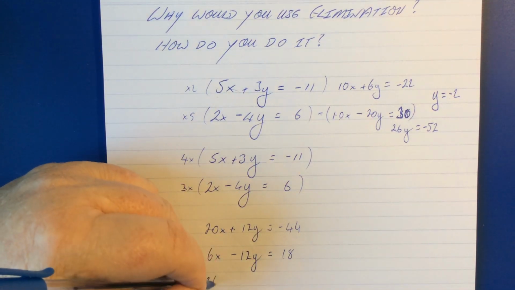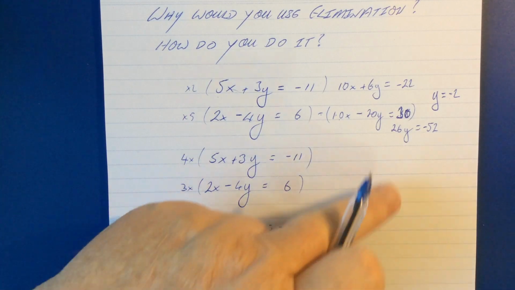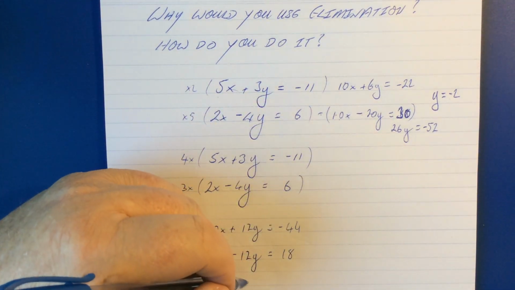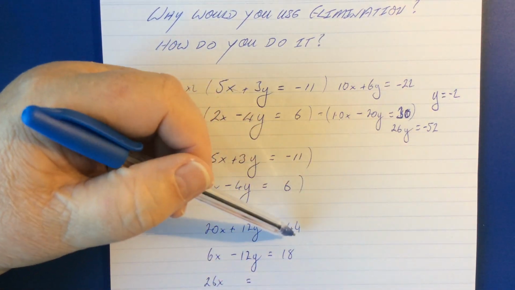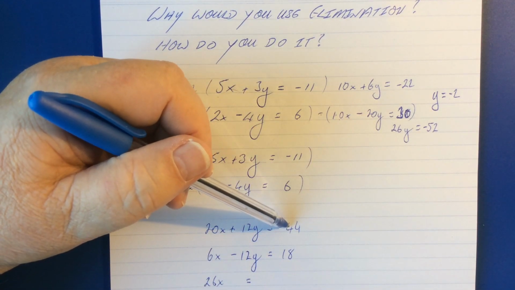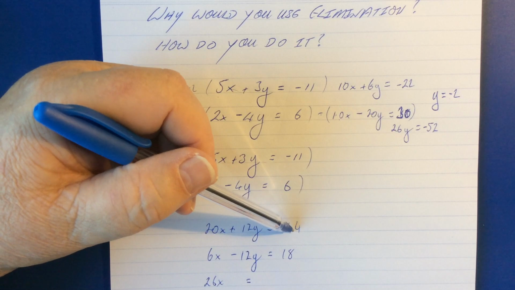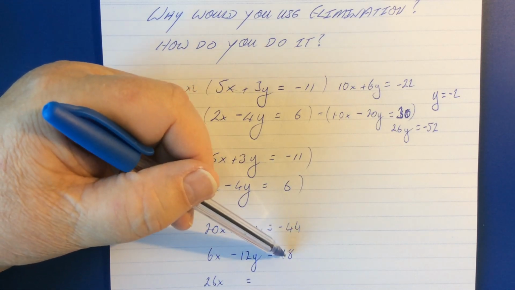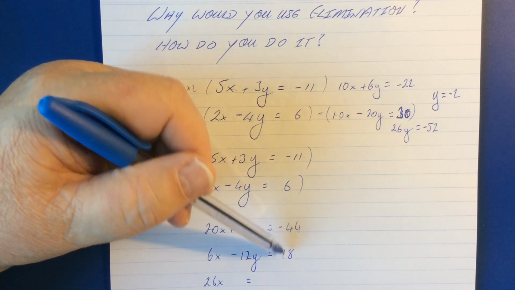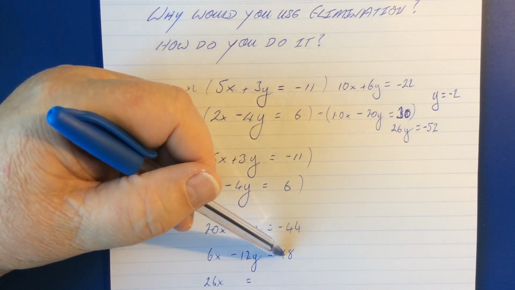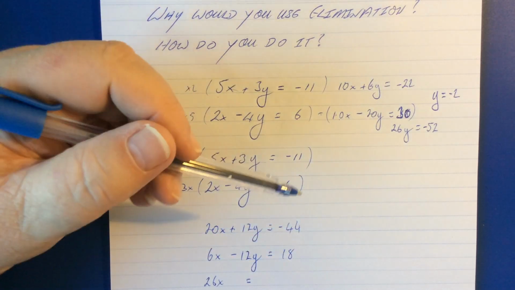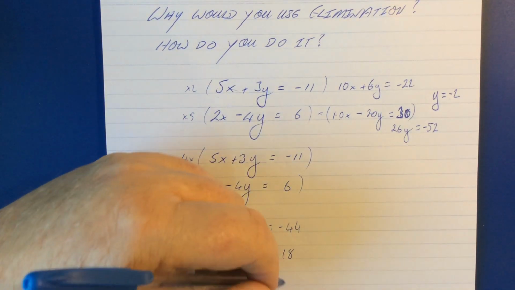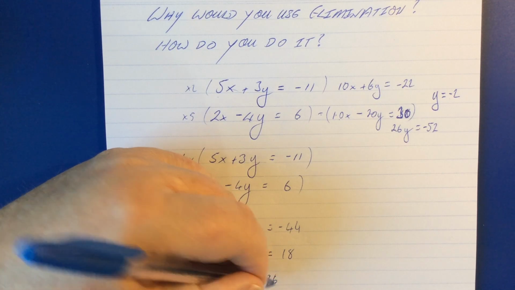So I get 26x, by a strange coincidence we also got 26y, and that is equal to the difference between these two numbers. So negative 44 plus 18, or 18 minus 44, it doesn't really matter how you do this. You're going to get negative 26.